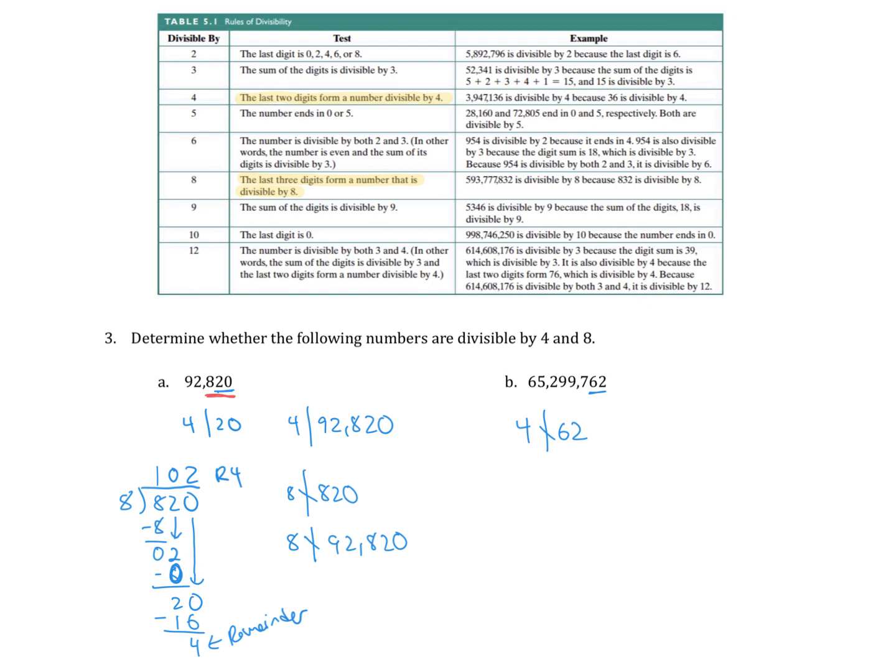And that leads me to conclude that 4 does not divide 65,299,762. And if 4 is not a factor of that number, then there's no way 8 is going to be a factor, because for 8 to be a factor, 2 and 4 would both have to be factors. So the number is not divisible by 8 either.